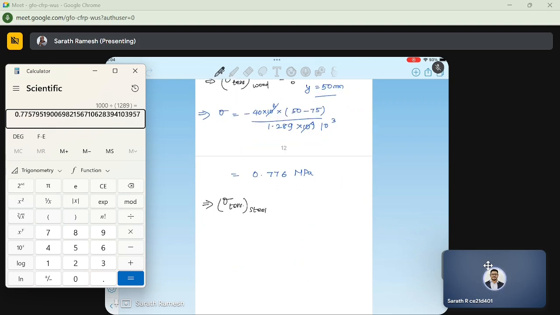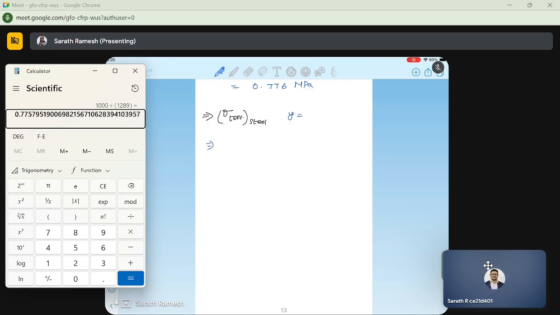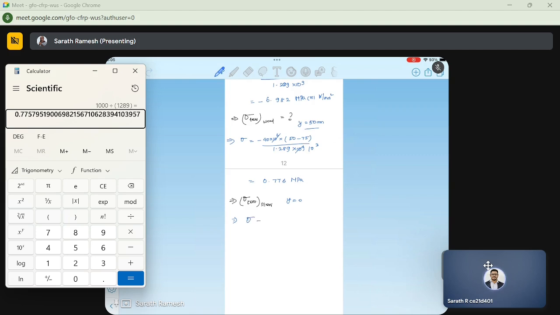Okay, now for steel, my y will be 0, right? Y is 0 because the maximum value of the stress will be at the extreme fiber. So this implies sigma equal to minus 40 into 10 to the power 6 into 0 minus 75 divided by 1.289 into 10 to the power 9.